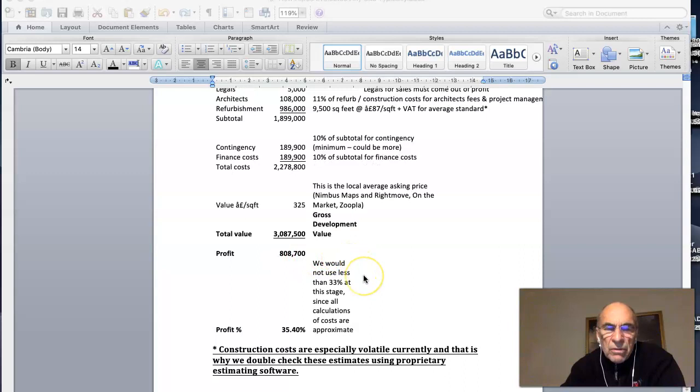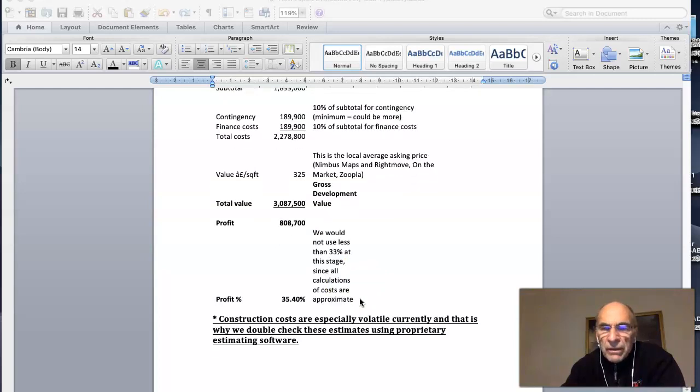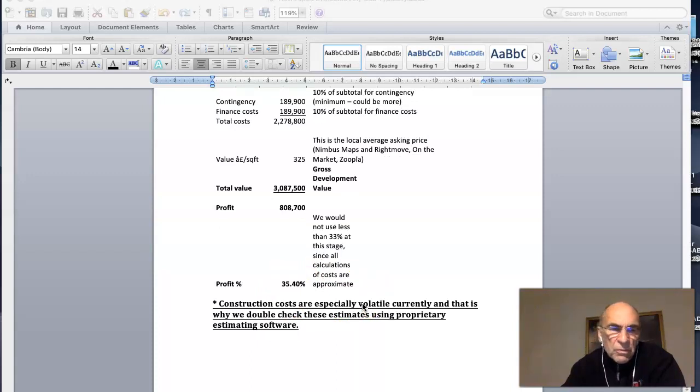So we would not use less than 33% at this stage, since all calculations of costs are approximate, and you may well find that your costs are actually higher than this. So this one runs out at a profit percentage of 35.4%, which we would deem to be acceptable, i.e. 33% plus.